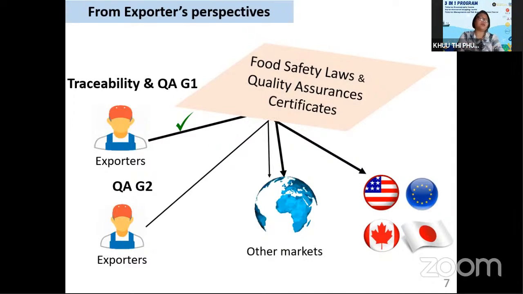You only export or sell your products to other markets. And as we discussed in the last lecture, if we can access the high standard markets, we can get a higher price.